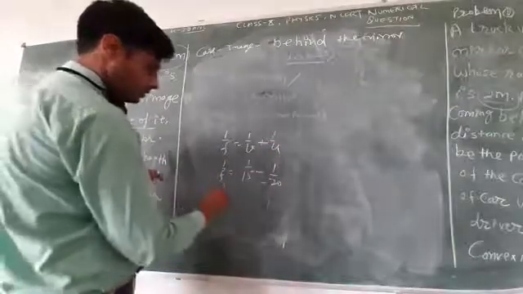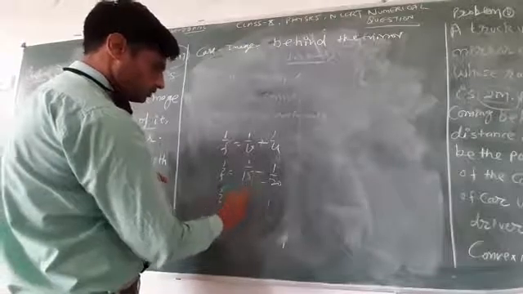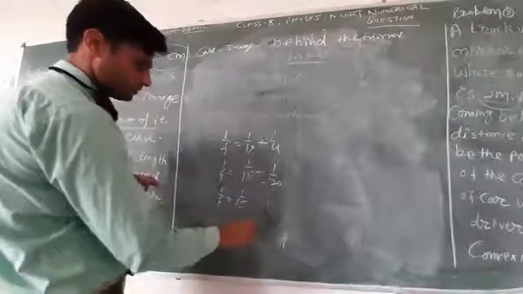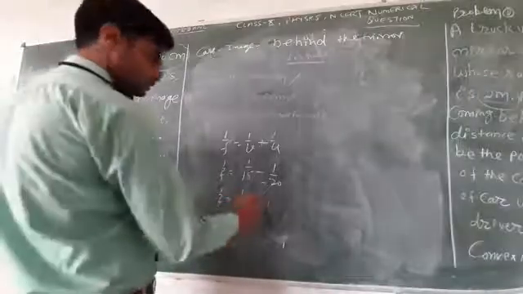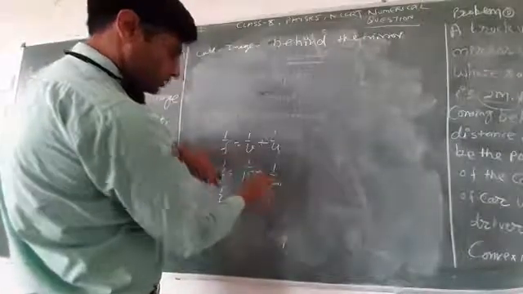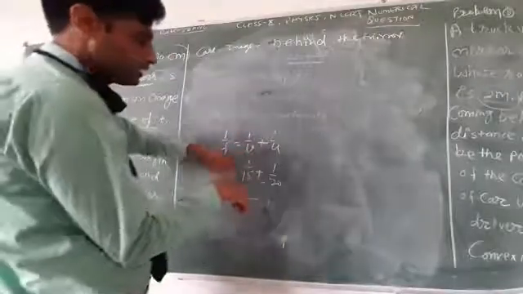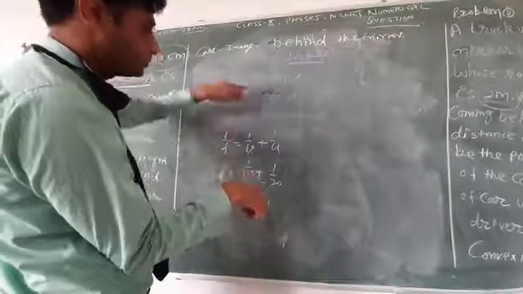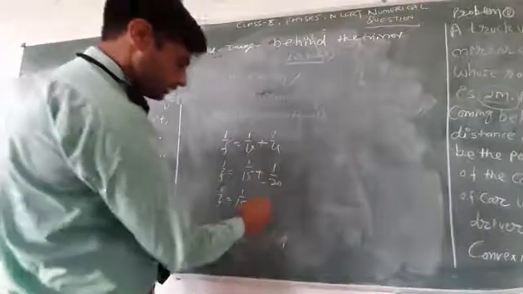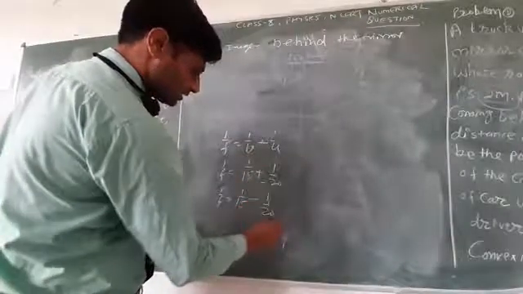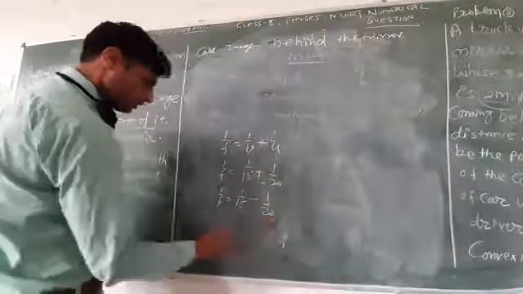So 1 upon F equal to 1 upon 15, with a positive sign for the value of V, and the value of U is minus 1 upon 20. Clear?